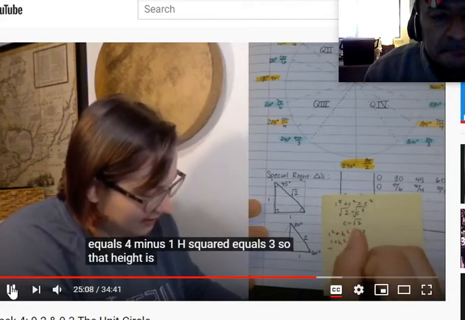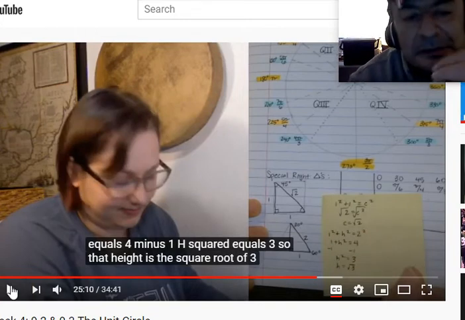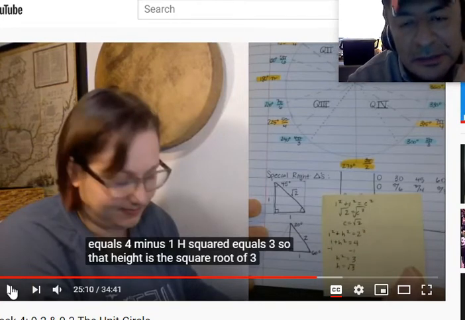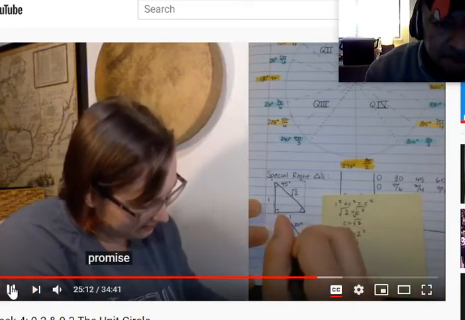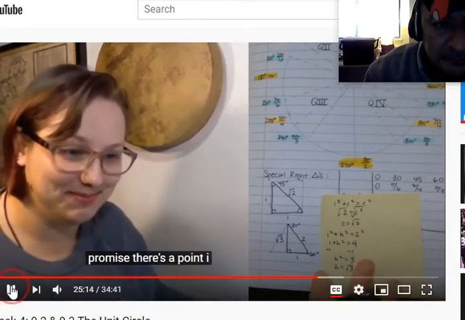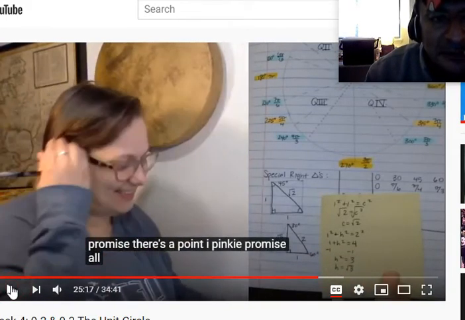So that height is the square root of 3. Promise there's a point. I pinky promise.